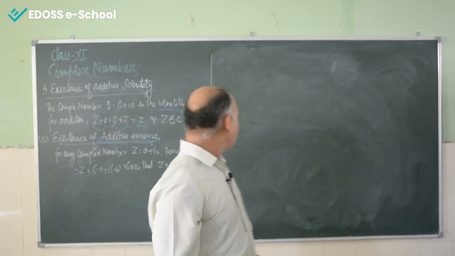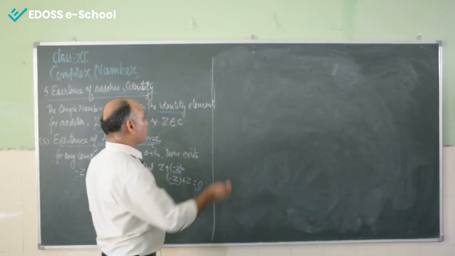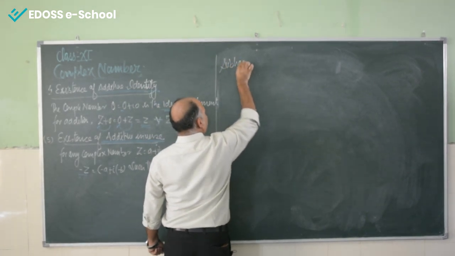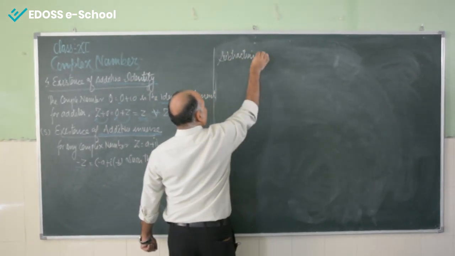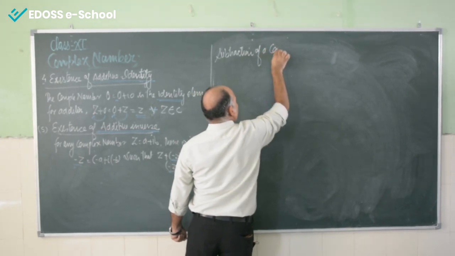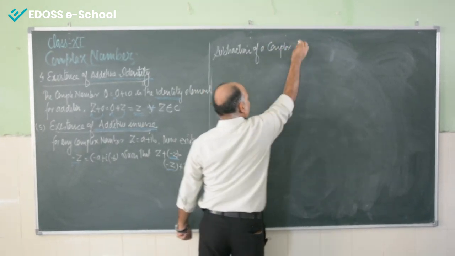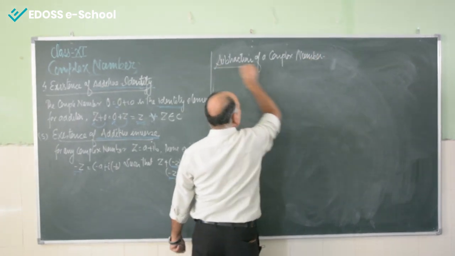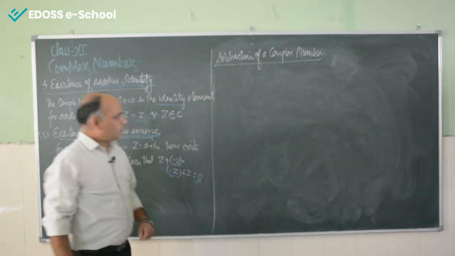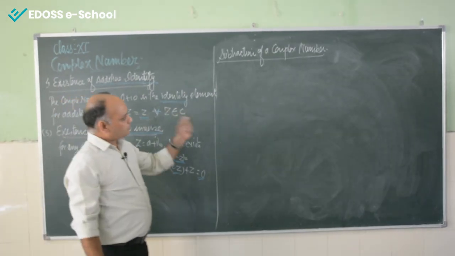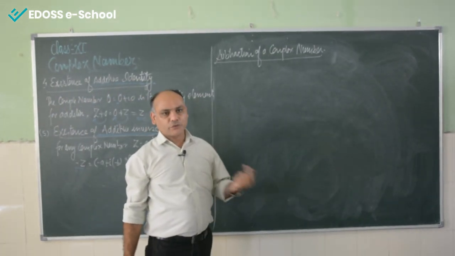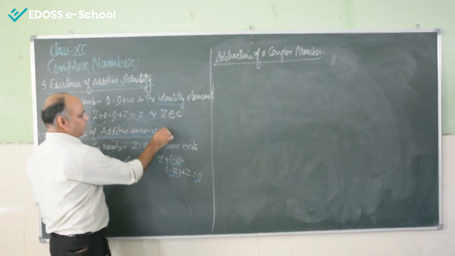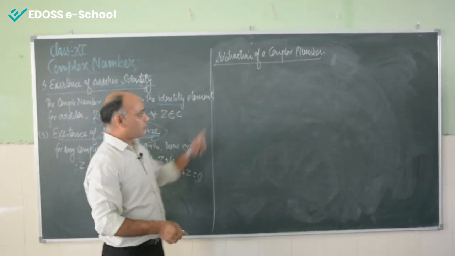Now we will see the second operation, that is subtraction of a complex number. How are two complex numbers subtracted? Actually, subtraction of a complex number is not valid. What we have to do? We have to use the additive inverse for solving the subtraction.